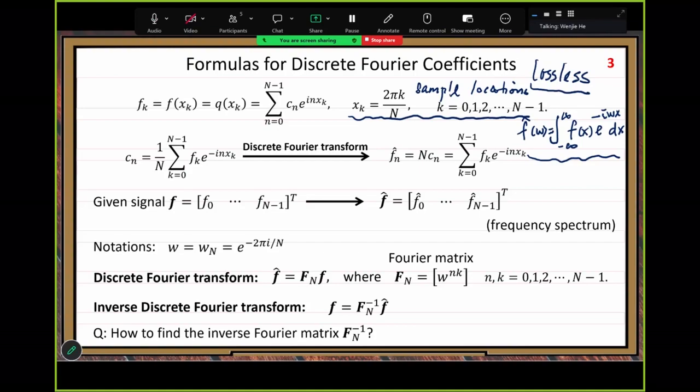But little f sub k, the original data vector, you do not change, the coefficient part. You only change the E term part.